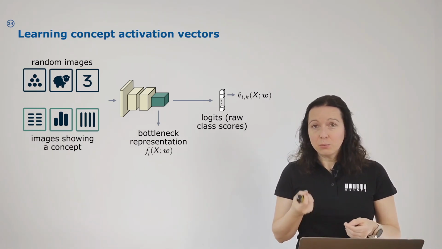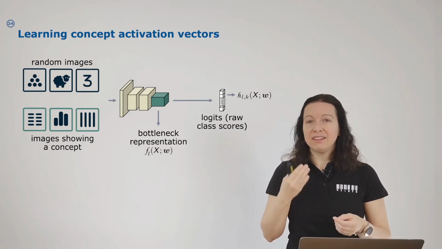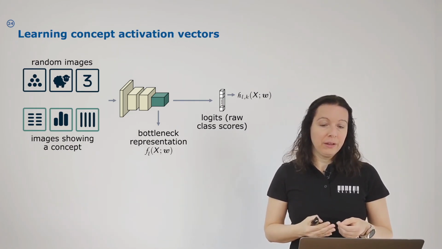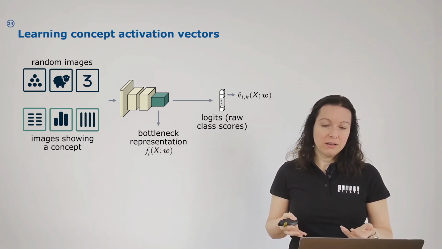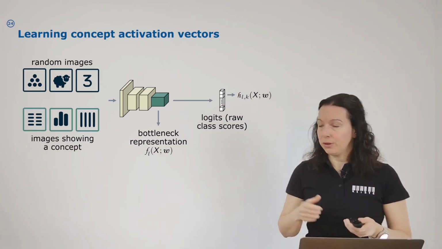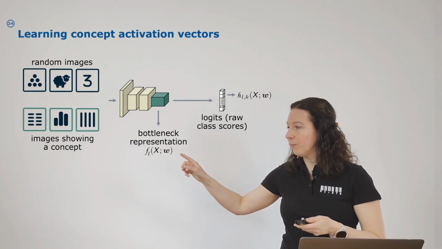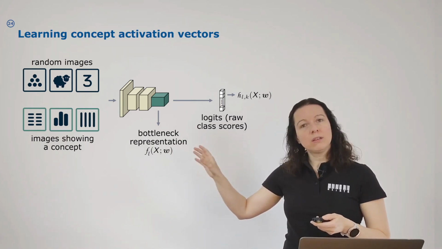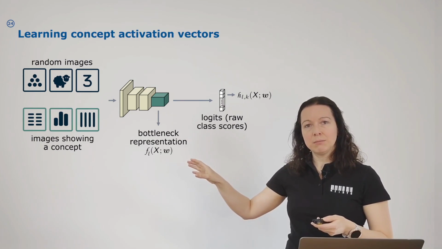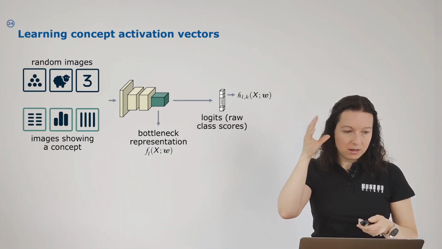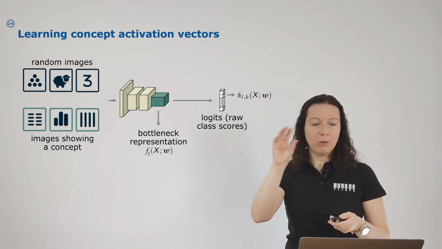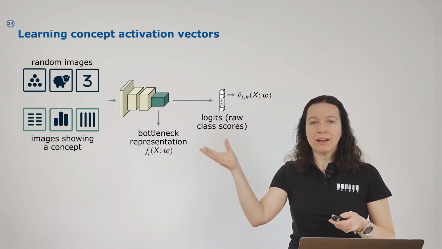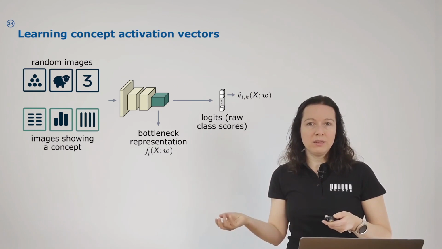Next, we select a hidden layer in the network where we think we get a good representation of the concept that was learned. And this is actually this one. Very often we use such a bottleneck representation, because this is also the main idea of this whole bottleneck architecture with encoder and decoder.